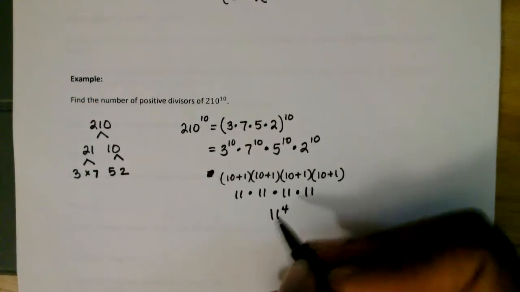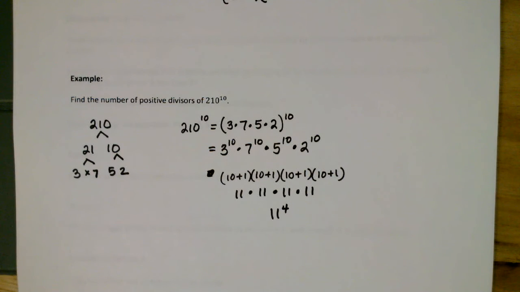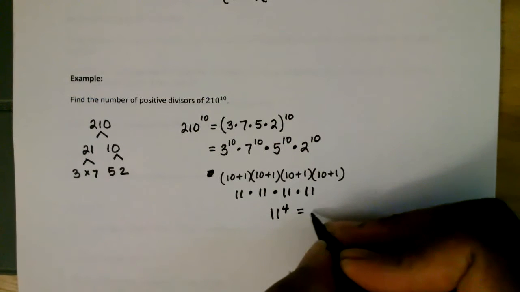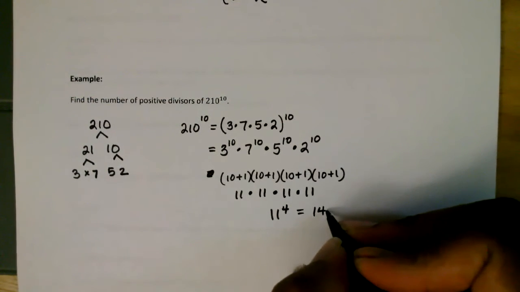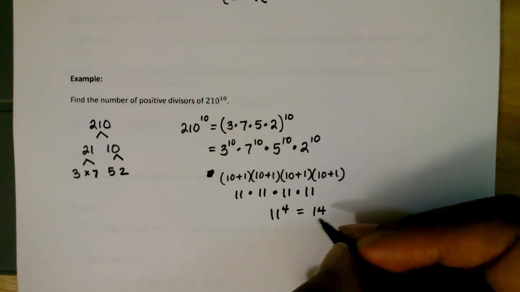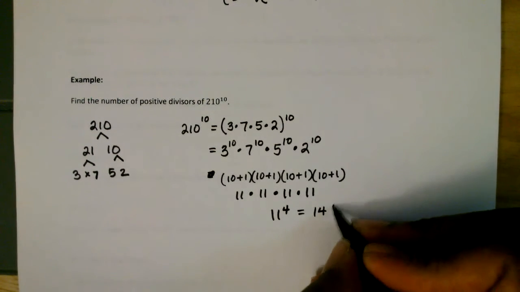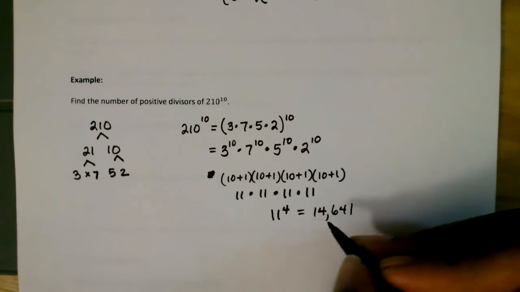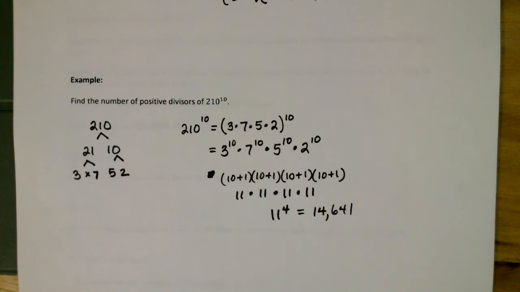That ends up being 11 to the 4th. If we simplify 11 to the 4th, this will be 14,641. So 210 raised to the 10th has 14,641 positive divisors.